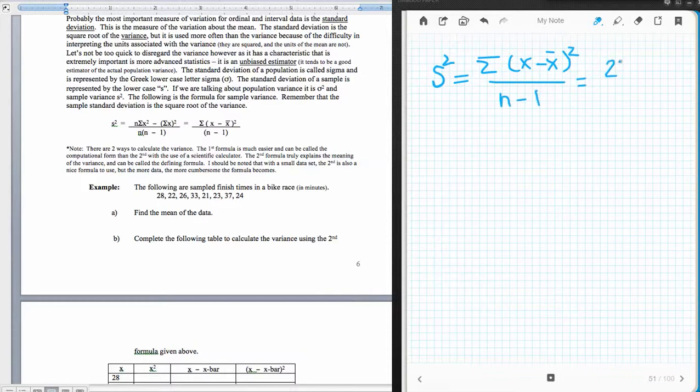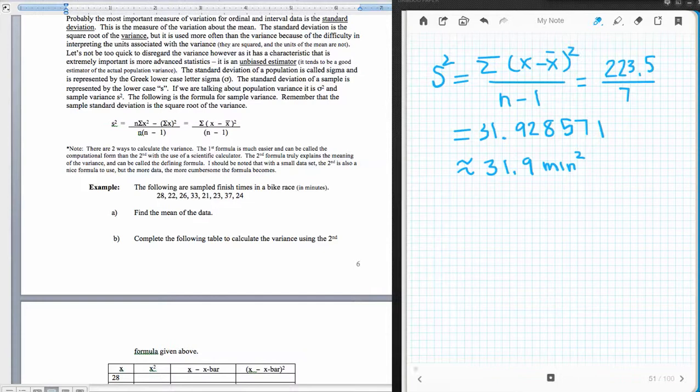So our value, 223.5, divided by, our n was 8, so we have 7 down here. 223.5 divided by 7 is equal to 31.928571, or approximately 31.9, and these would be in minutes squared.